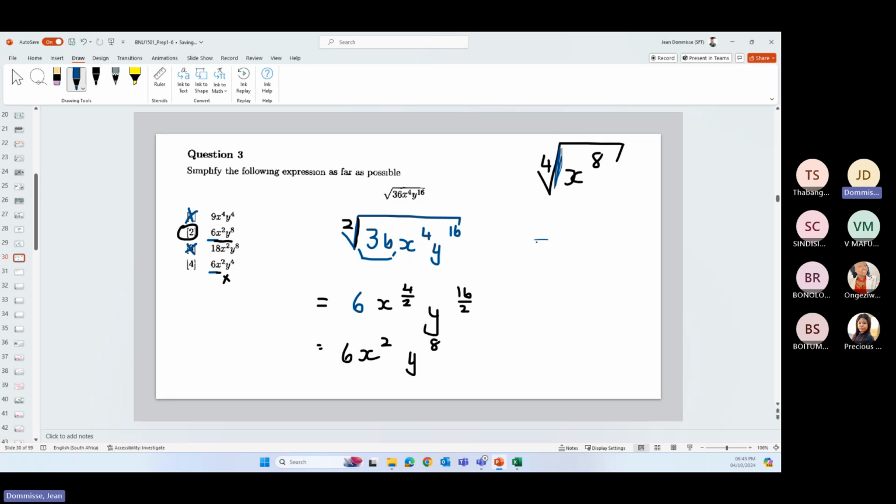So that answer, if I simplify that, is going to be x to the power of 8 divided by 4, and then 8 divided by 4 is 2. So if I wanted to simplify that one, that is how we will do it.